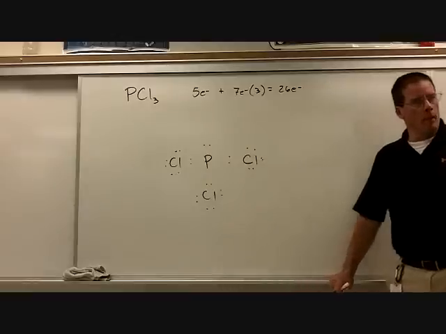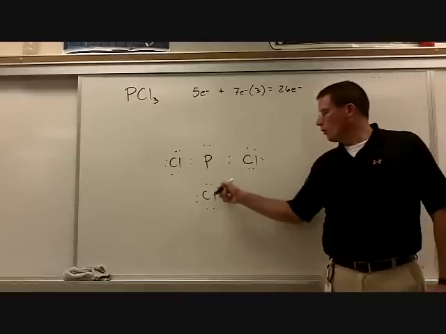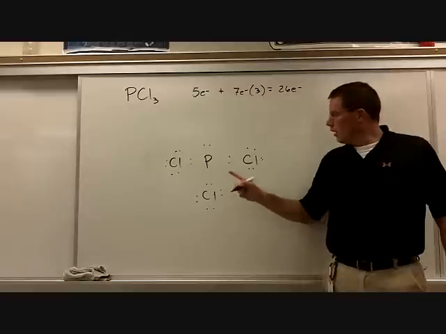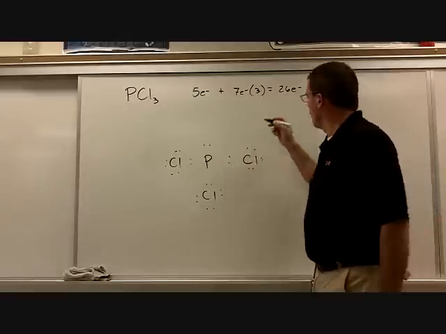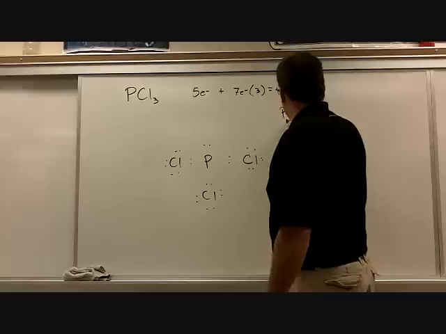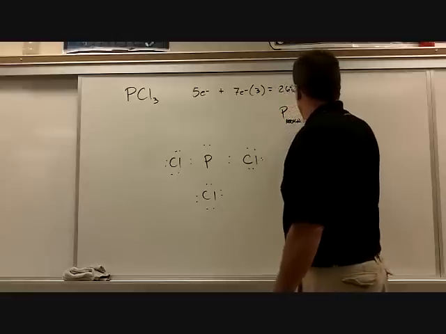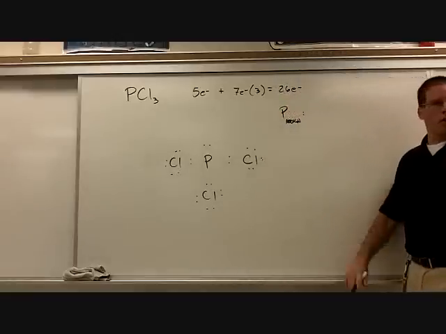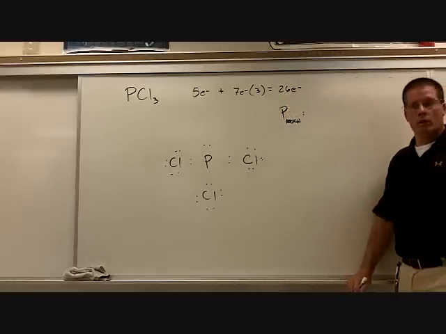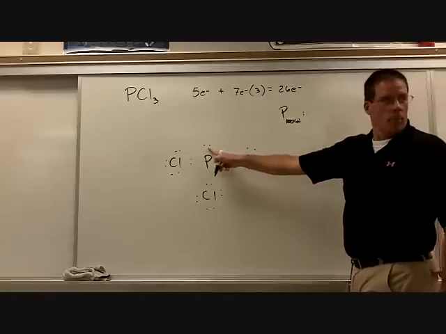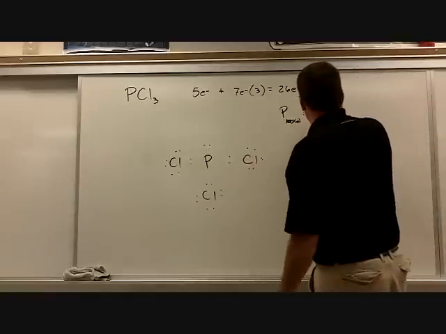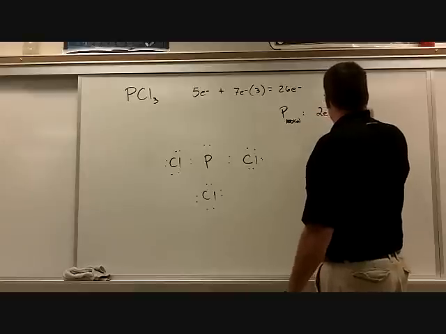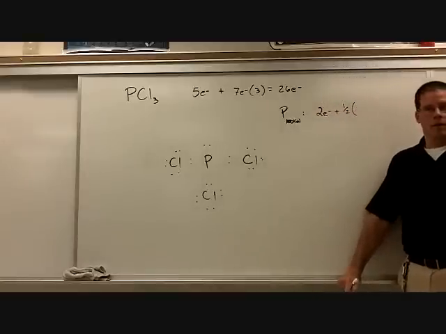Okay. So we know the chlorines are good. They're single bonded. Phosphorus, let's do a formal charge calculation for that. So the assigned, how many lone electrons on phosphorus? 2, very good. Not pairs, electrons. So we have 2 there, plus how many are shared? 6.